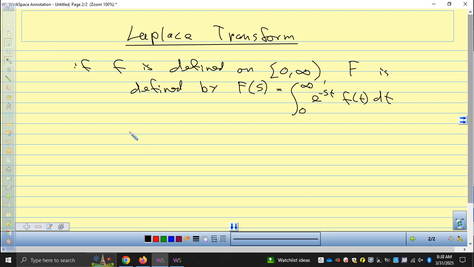This is the Laplace transform. F of s is the Laplace transform of f of t. And the domain of F of s is all the values of s for which the integral converges.